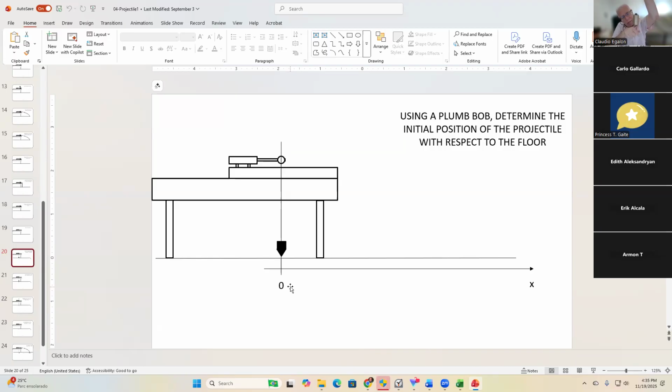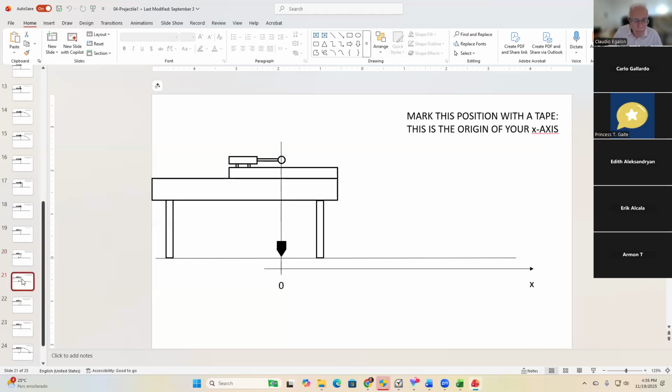This one doesn't have a tip, but I prefer the one with the tip. It's just a string that passes through the center of mass of a heavy object. Professionals use that in construction sites to get the vertical of the place, and we use that in the lab as well.